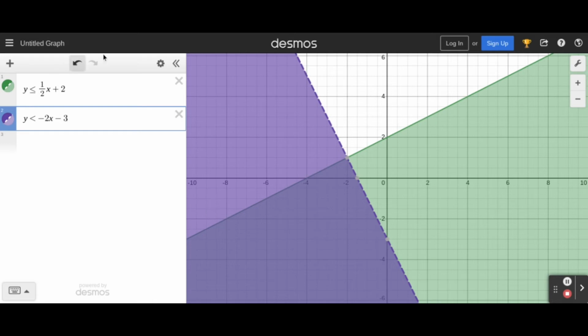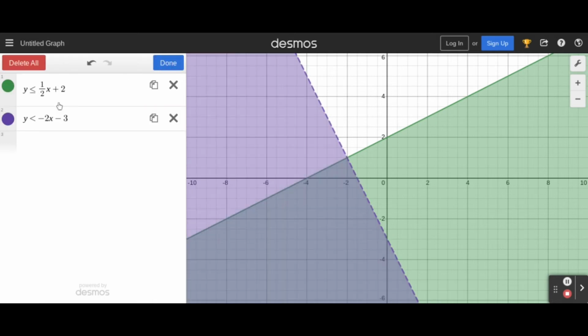It's hard to see. If you ever want to change your colors, you can click on the wheel and click on whatever you want. You should probably use primary colors, so that way you can definitely tell what's what. But yeah, this purple shading is the region that I care about. So there you have it. That's graphing inequalities.